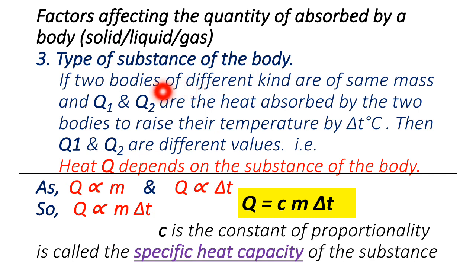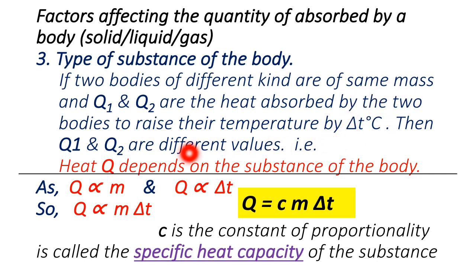So here see this line: if two bodies of different kinds, that means of different substances, are of the same mass, and Q1 and Q2 are the heat absorbed by those two bodies to raise their temperature by delta T degree Celsius, that means for both bodies the temperature is raised by delta T degree Celsius, and both bodies are of the same mass m.